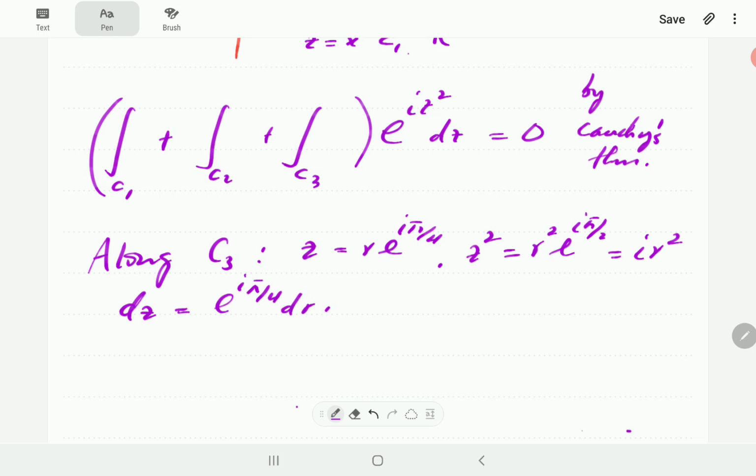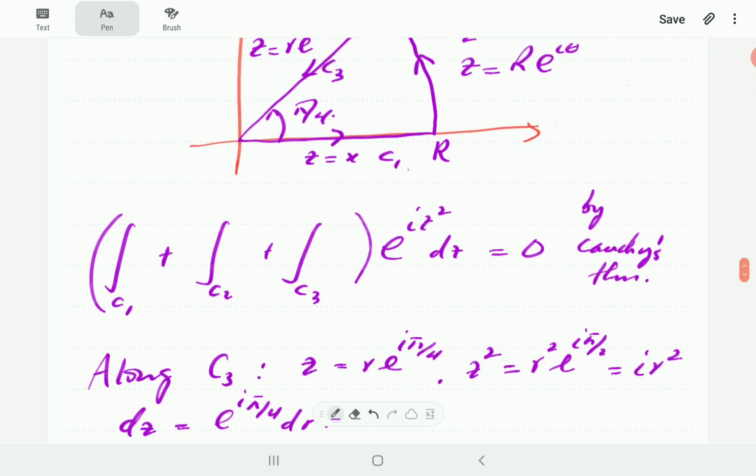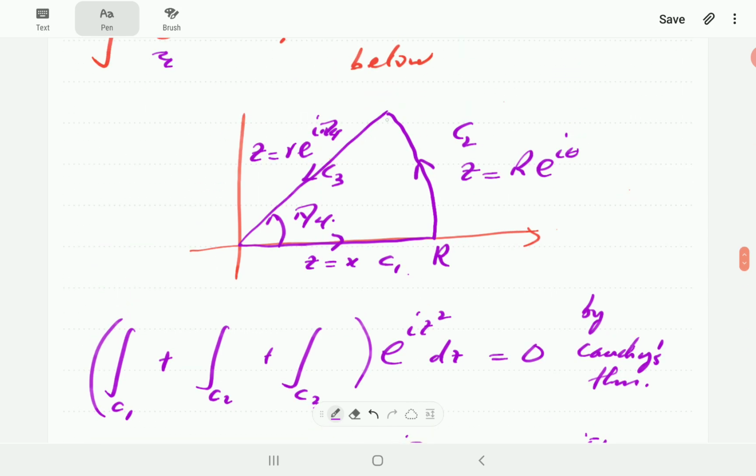All right. And then the variable is going to be r there, and r is varying from big R to 0.